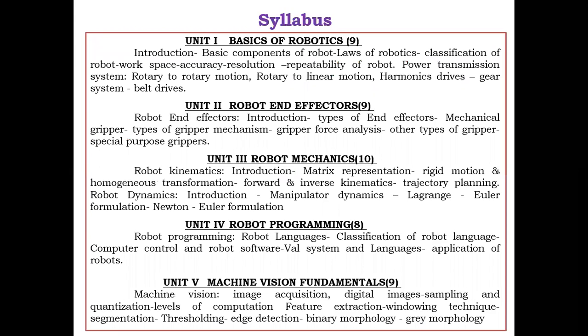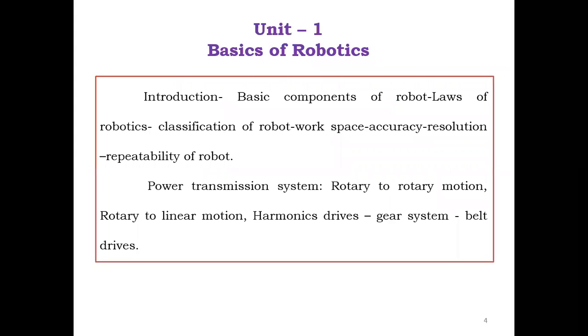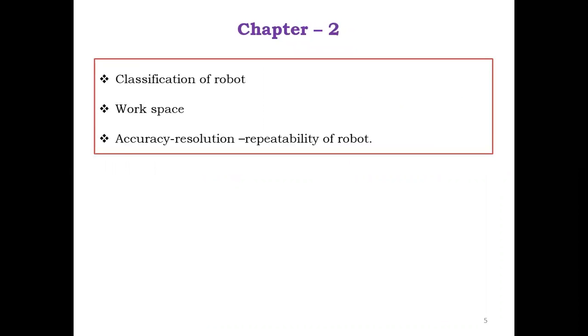This is the syllabus for Robotics and Machine Vision Systems. This is Unit 1. This is chapter 2, unit 1, chapter 2. In chapter 1, we discussed what is a robot, what are the applications of robot, then different components used in the robots, as well as laws of robotics.